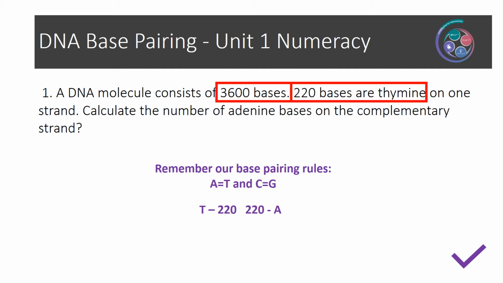If it's complementary, that means if there are 220 thymines on one strand, there must be 220 adenine bases on the complementary strand, because A and T pair together. They are complementary base pairs. Which means our answer to this question was 220 adenine bases.